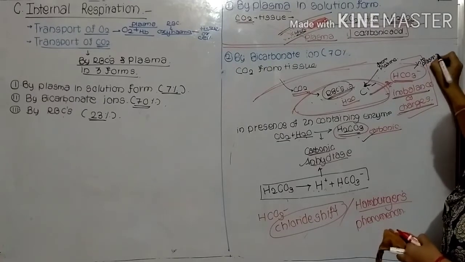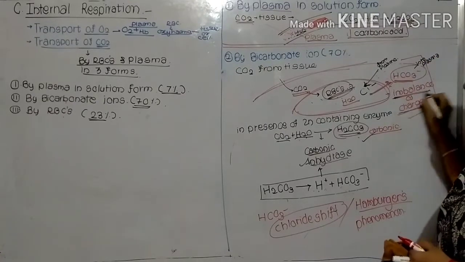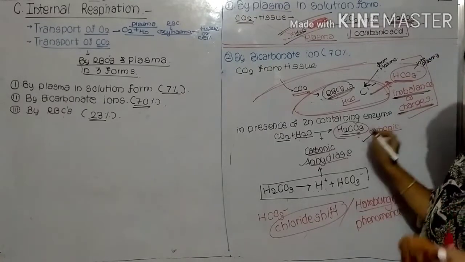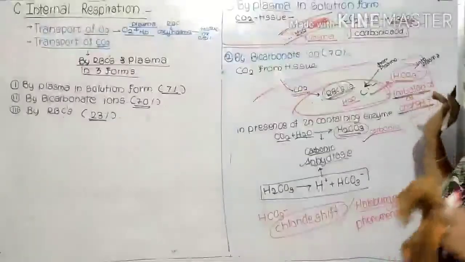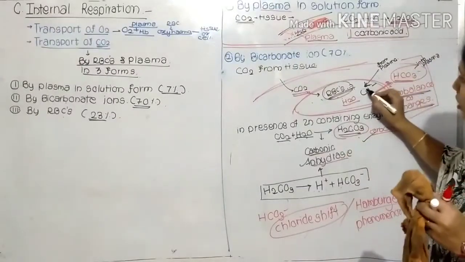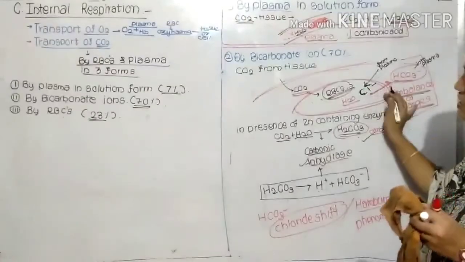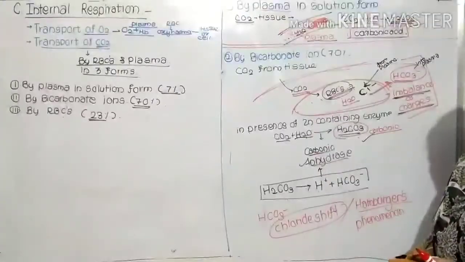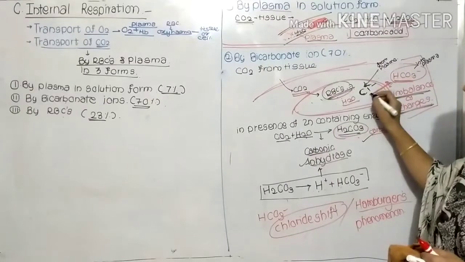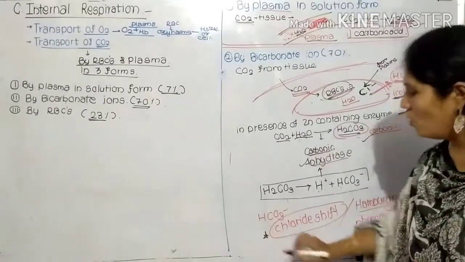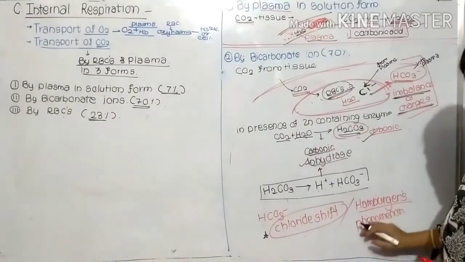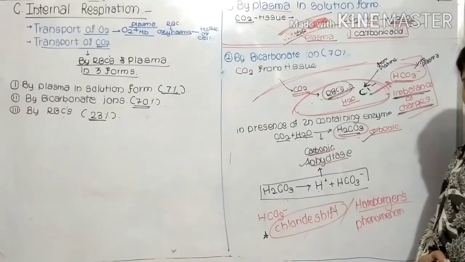Whenever it enters into the plasma, there is an imbalance of the charges. This ionic imbalance is there. So to fulfill that ionic imbalance, that chloride enters into these RBCs. Whenever that chloride enters into the RBCs, that concept is known as the chloride shift, or it is known as the Hamburger's phenomenon.